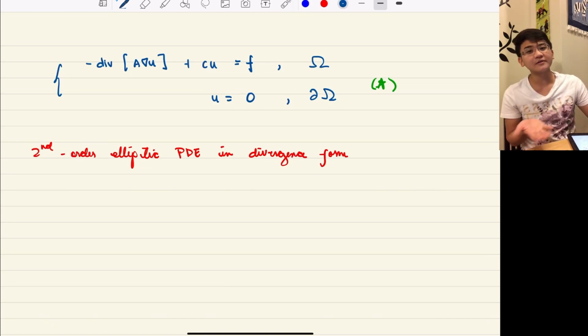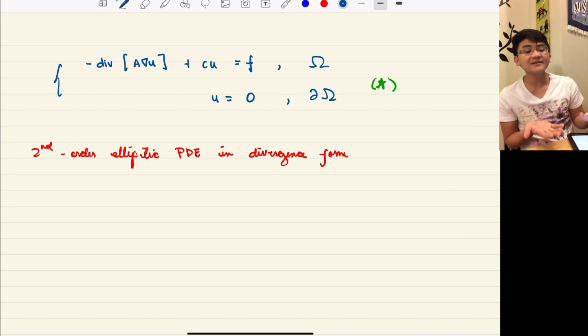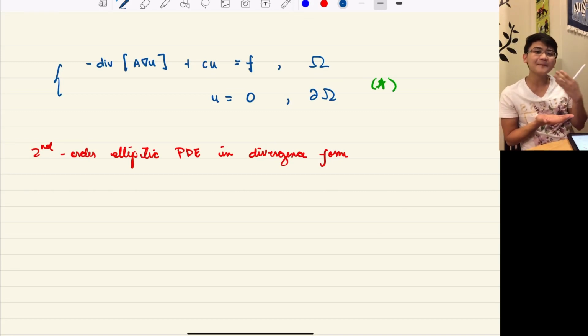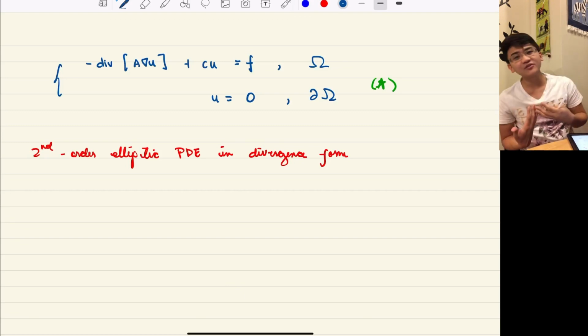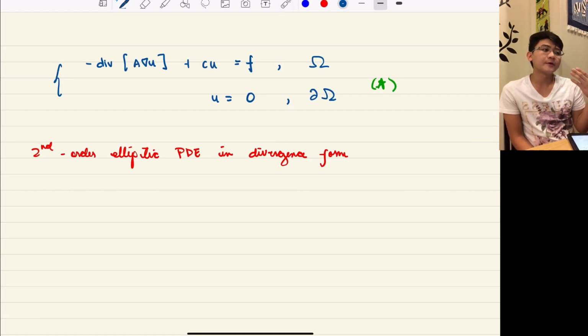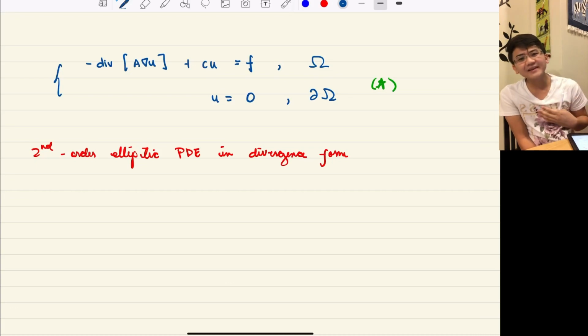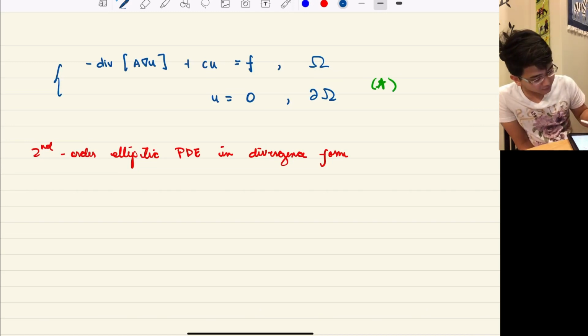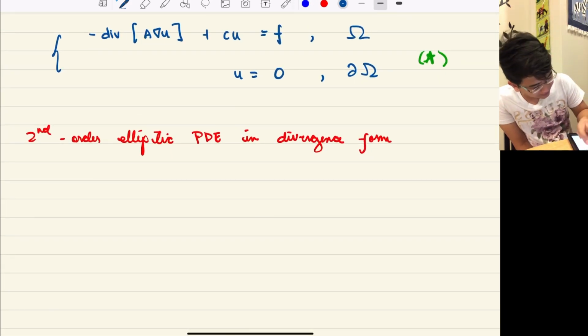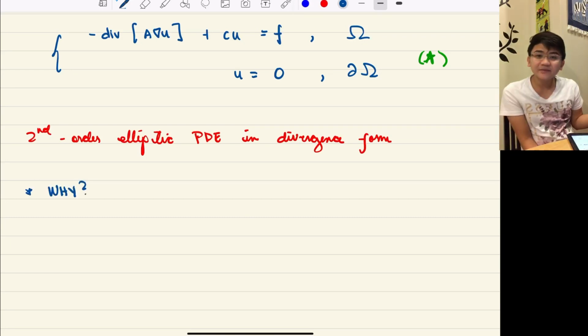So yes, it is true that there are countless PDEs to look into, but the reason that we're looking into PDEs of this particular form is that they model a lot of things. They model things from physics or chemistry or engineering or even economics. And we're going to list here some of the motivations for studying this family of PDEs. So let's write that down. Why these PDEs?